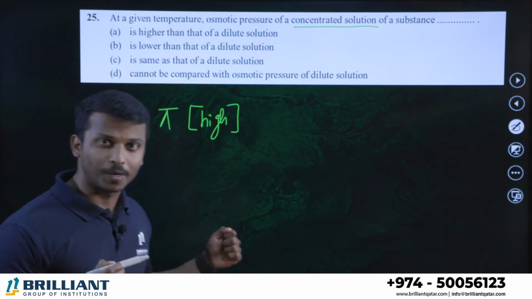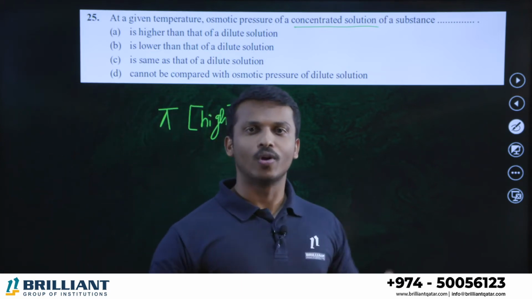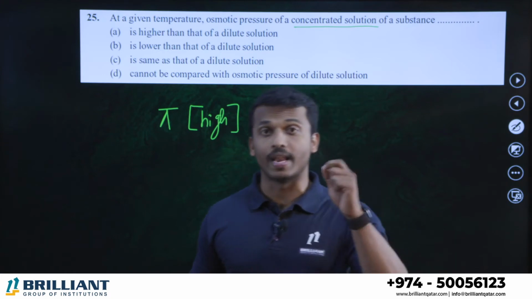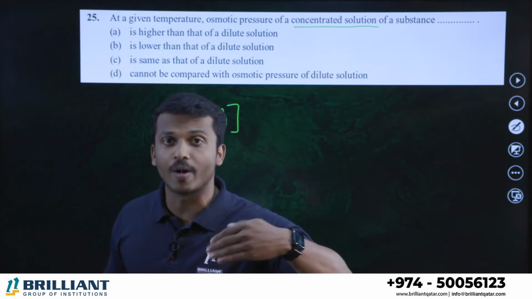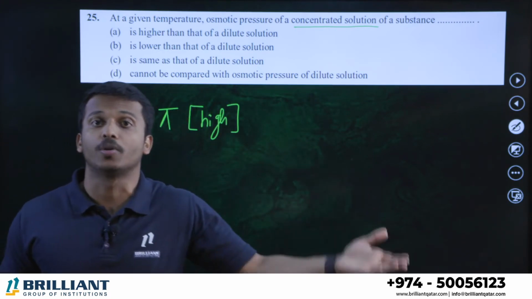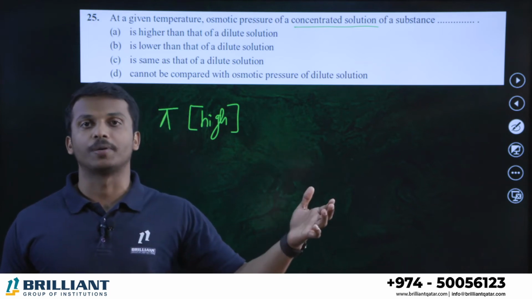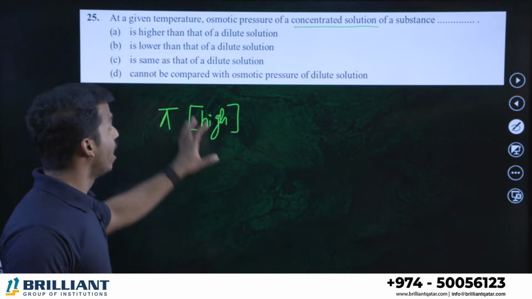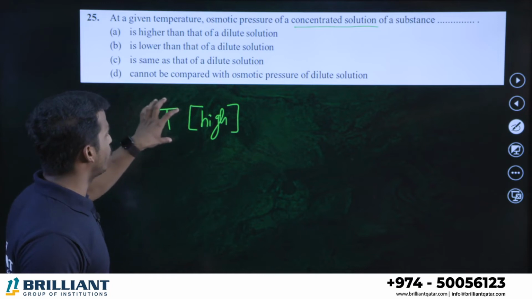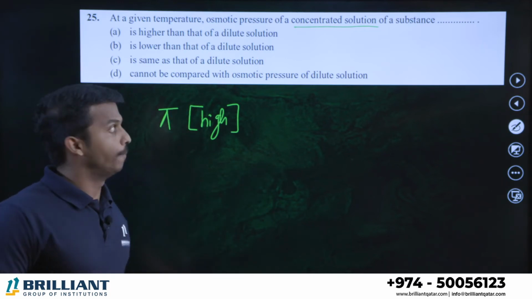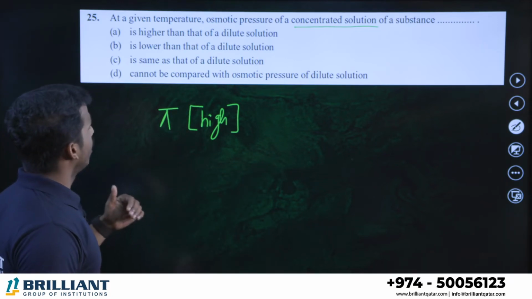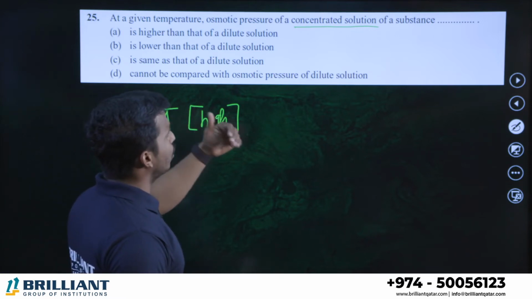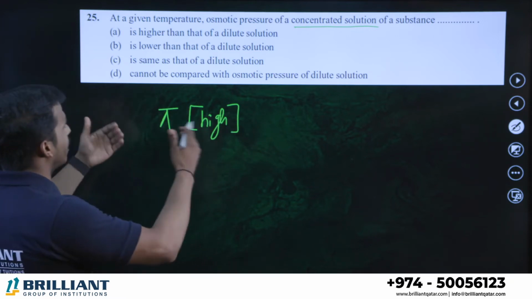Why? Osmotic pressure is a colligative property, and colligative properties depend on the number of particles. As the number of solute particles increases, the osmotic pressure also increases. So for a concentrated solution, osmotic pressure is already very high. Then the question compares the osmotic pressure of a concentrated solution of a substance with something.